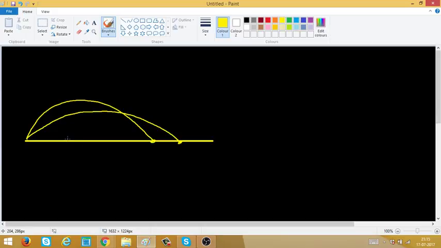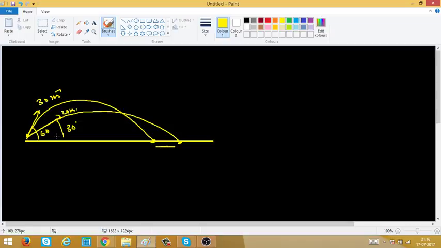They are projected at speeds of 30 meters per second at 60 degree, and 20 meters per second at 30 degree, with the horizontal in the same direction. Find the maximum distance between them on the ground when they strike. So we have to find out this particular distance.